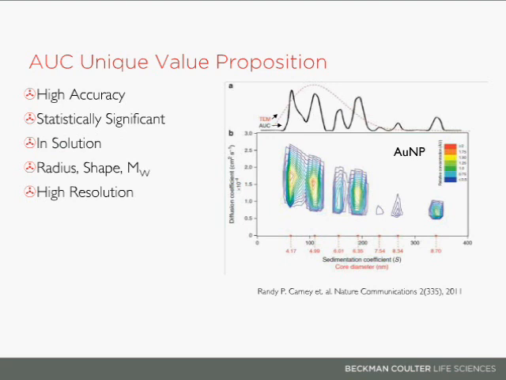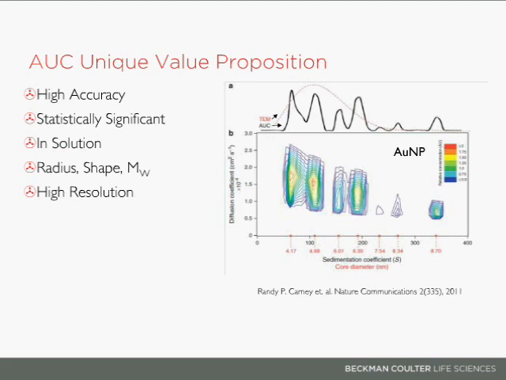Now here's an example from a paper which we'll get into more later, from two years ago, in Nature Communications, where it looked at gold nanoparticles, which was actually the original system studied by Theodor Svedberg, who invented the AUC in the 1930s.